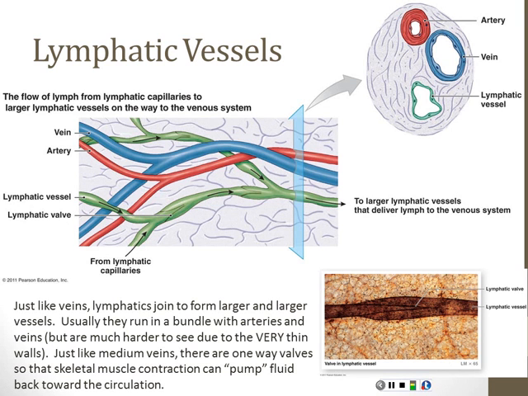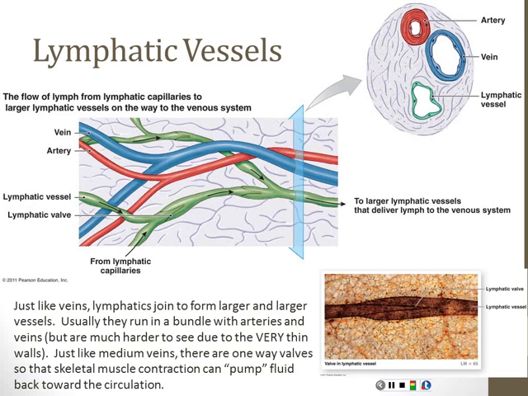And the lymphatic vessels don't have a pump. The cardiovascular system has the heart making pressure to push blood around all the time. The lymphatic vessel has no pump. So the way that lymph moves back up to the heart is through that skeletal muscle pump action that we talked about in the last unit, where when muscle contracts around a vein, it pushes blood towards the heart.